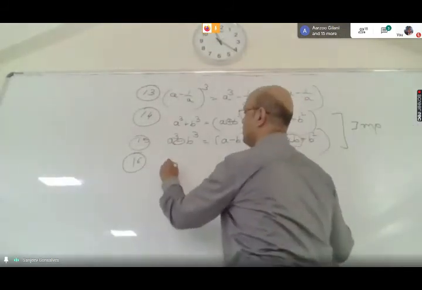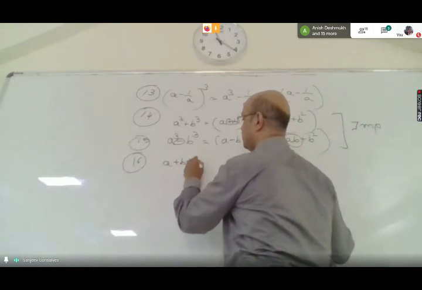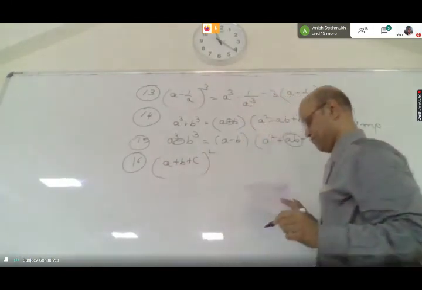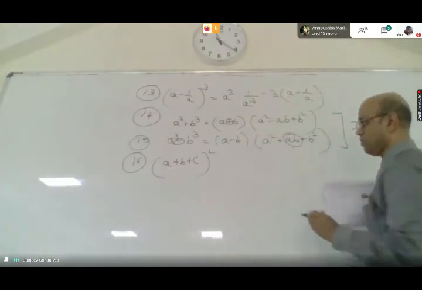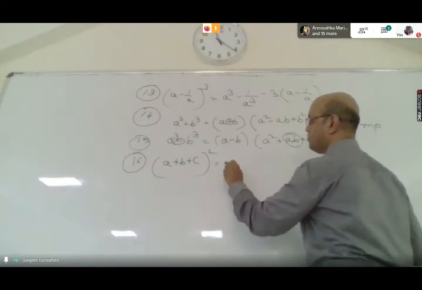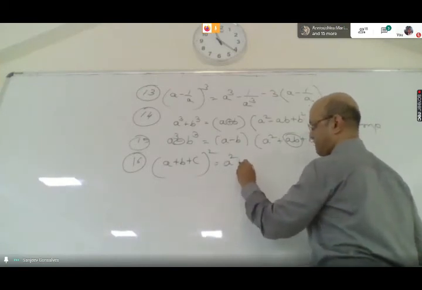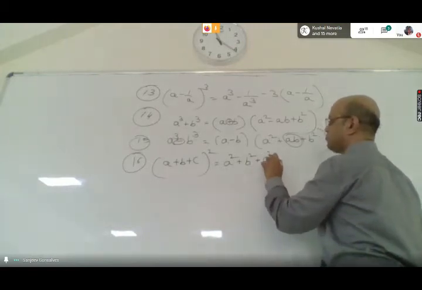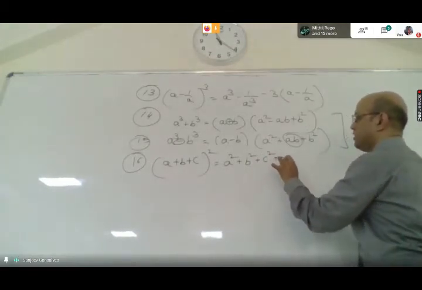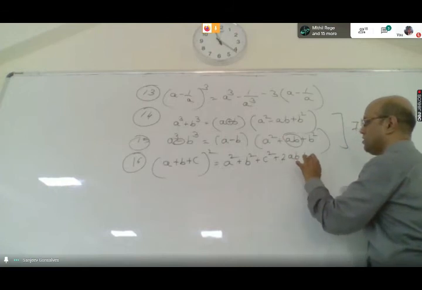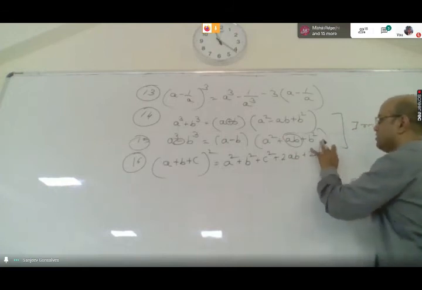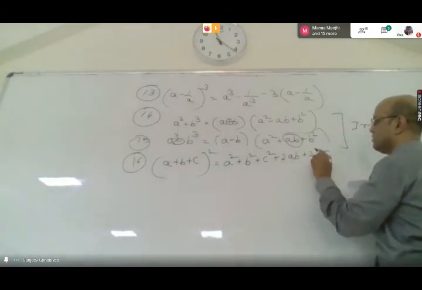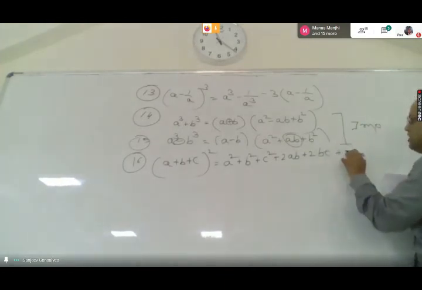(A plus B plus C) whole square is equal to A square plus B square plus C square plus 2AB plus 2BC plus 2AC.